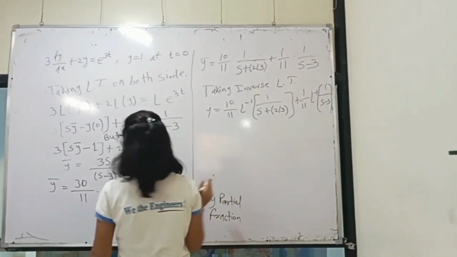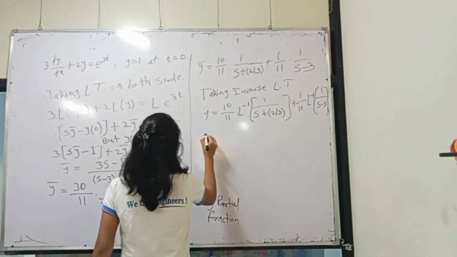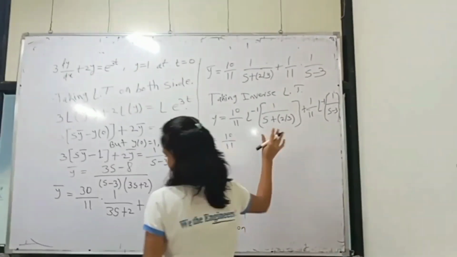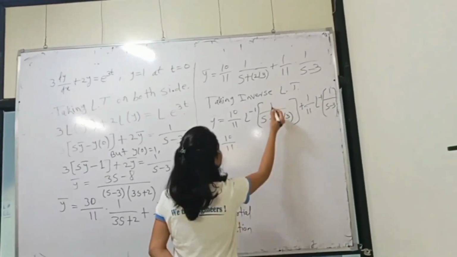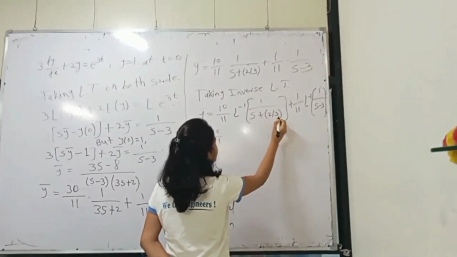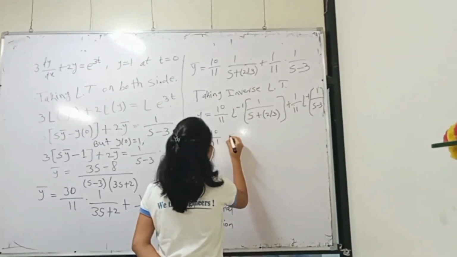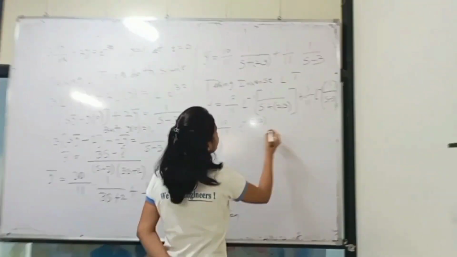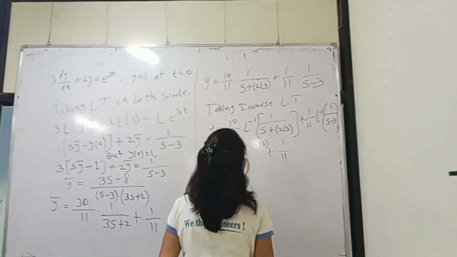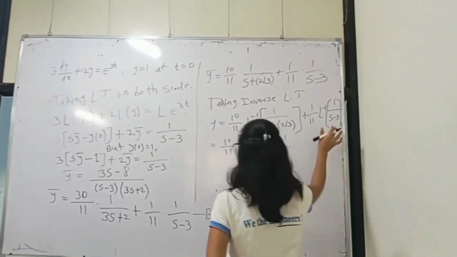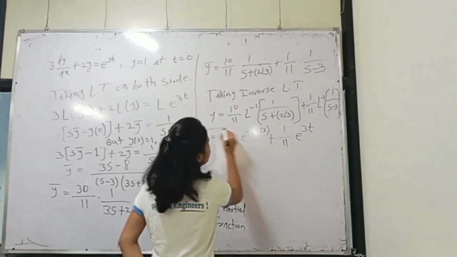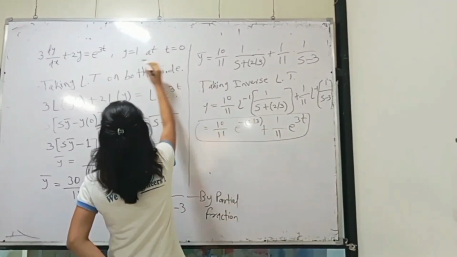So we can apply the Laplace inverse. So we get 10 divided by 11 e raised to minus 2 divided by 3 t, and plus 1 upon 11 into the Laplace inverse of this term, e raised to 3t. So we get the final answer of this question.